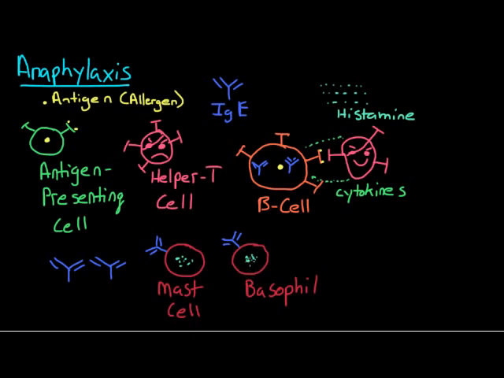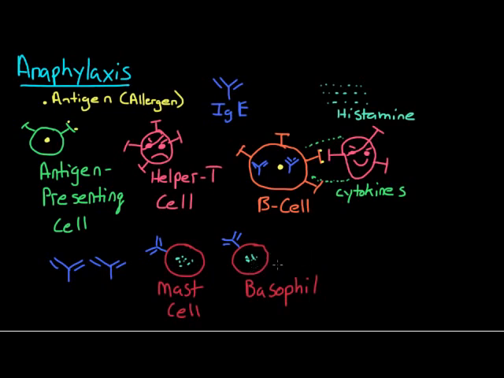Basically means it's going to release its store of inflammatory agents. So let's say you eat a peanut, you don't know you're allergic, you've created this immune response. Next time you eat a peanut, these mast cells and basophils are going to get triggered when the antigen, the peanut protein, binds to that antibody, and these histamines, these inflammatory agents, are going to get released into the body.